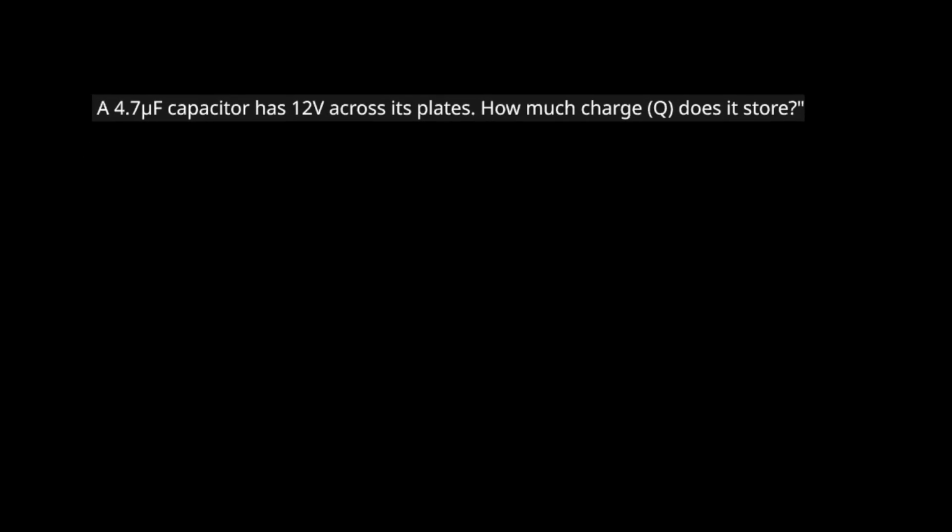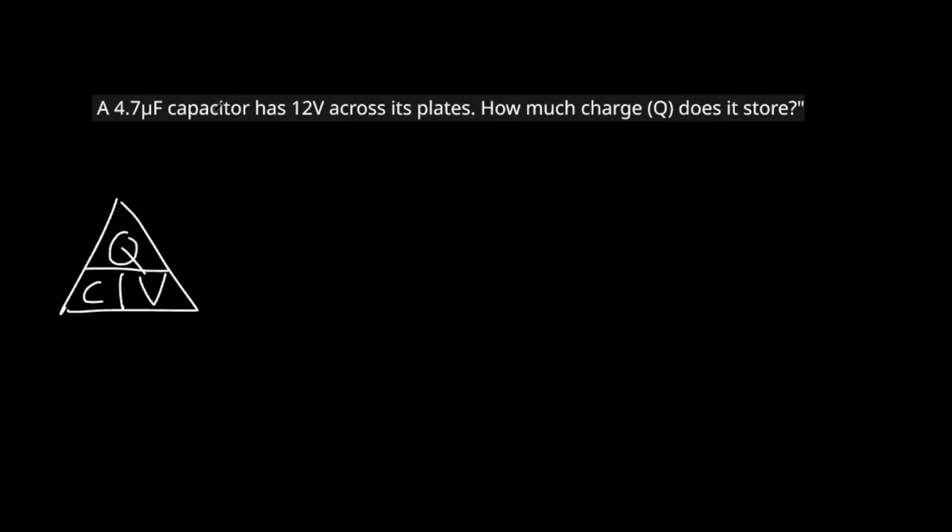I'll go a little faster now since we know how to apply it. A 4.7 microfarad capacitor has 12 volts across its plates. How much charge does it store? So let's do the pyramid here. Q, and then we'll do CV, okay?